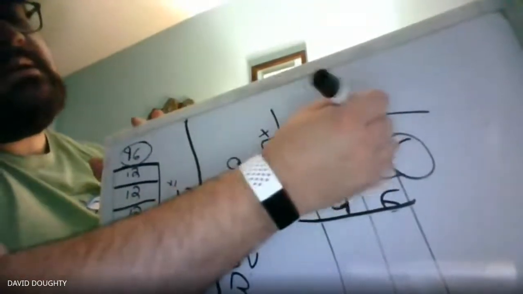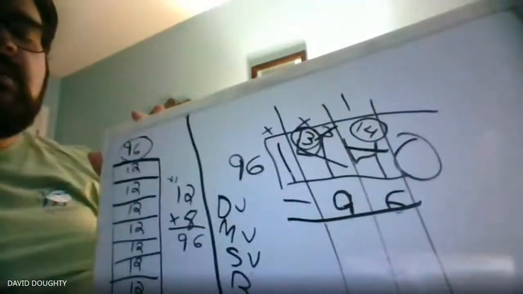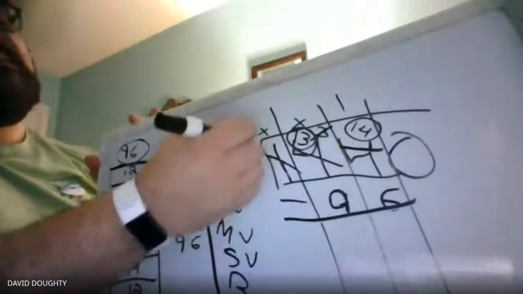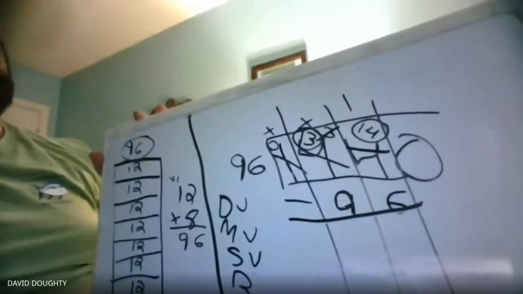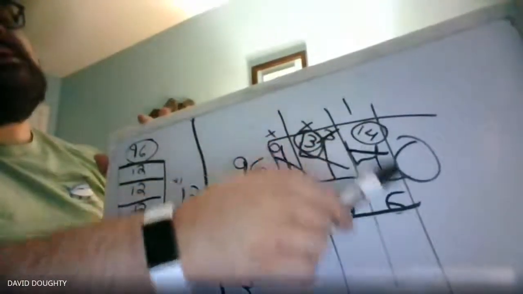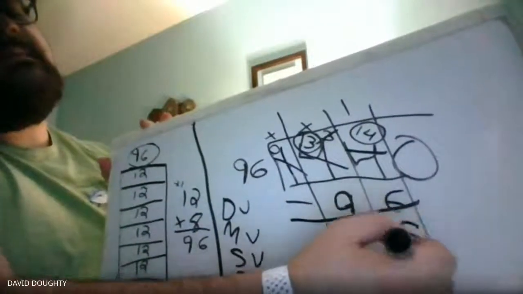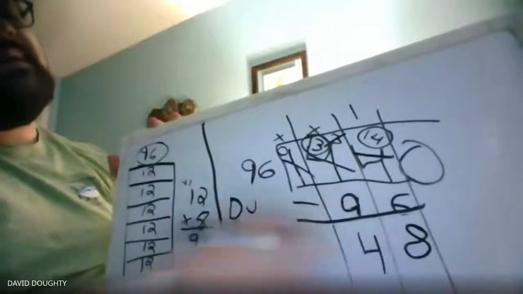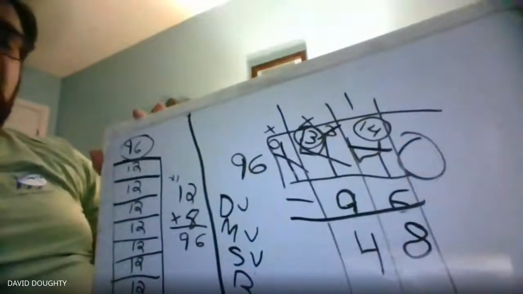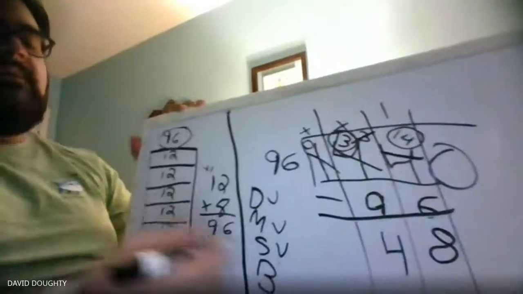Make sure you circle it so you can see which numbers it's supposed to be. And I'm going to take 1 away from that 1, making him a 0. So I can do 14 minus 6 and 13 minus 9. 14 minus 6 is 8. 13 minus 9 is 4. 48.